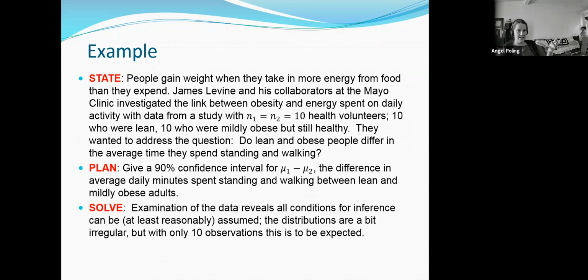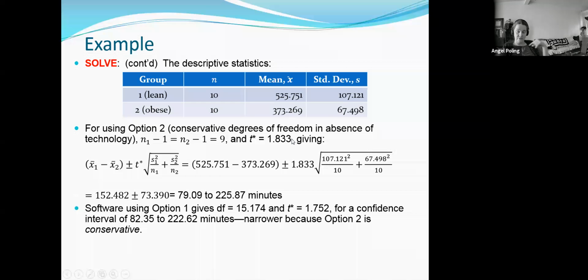That's what I was saying, like generally we go looking for this info. They found the T-star to be 1.833. The rest of it was given to us, but they did do a little work to get that 1.833 from table C. Then they fill out this form and then they're out.